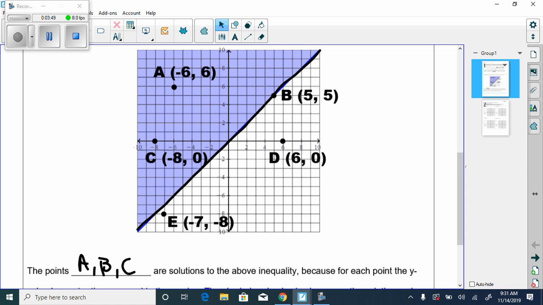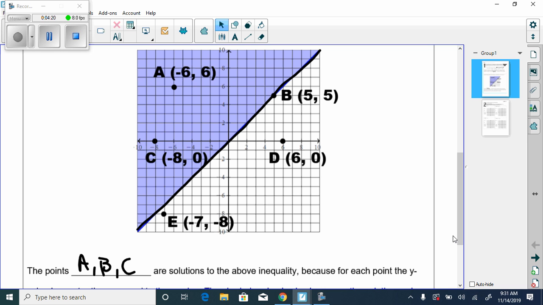It says because for each point the y value is greater than or equal to the x value. So they told you up here that it was the line y is greater than or equal to x. So we drew that equation, and y is greater when things are above it, so we shaded above it. The shaded region is also known as the solution region because all points which lie in the region represent solutions to the inequality.